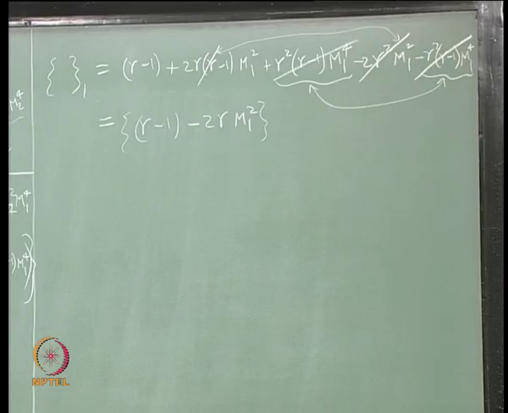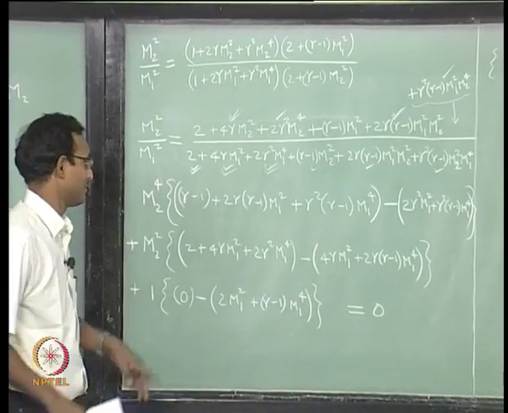Now we will go and pick up the next one. Of course, we have to write the full expression with m2 power 4 later. We will go pick up the next one.